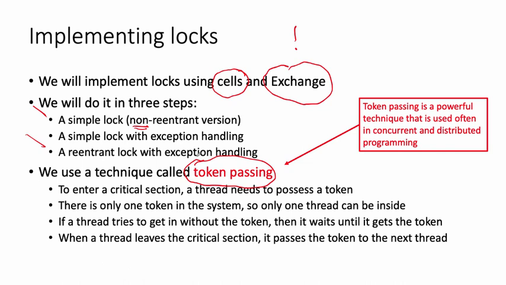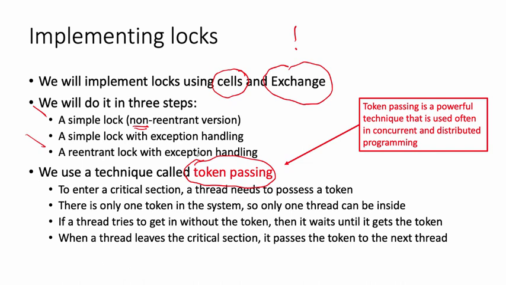When a second thread tries to get in, it tries to take the token, but it cannot because there is only 1 token. So it will wait. And when the first thread leaves the lock, it passes the token to the next one in line. So then the waiting thread gets the token and goes in. So the thread needs to get the token to get in.